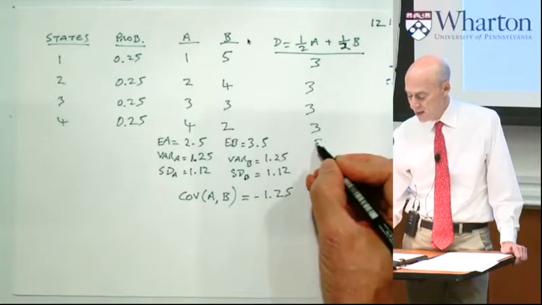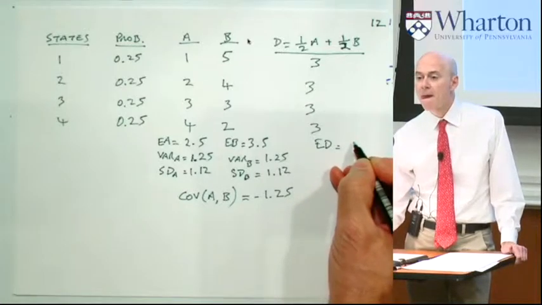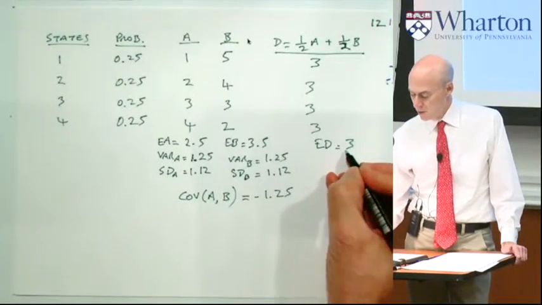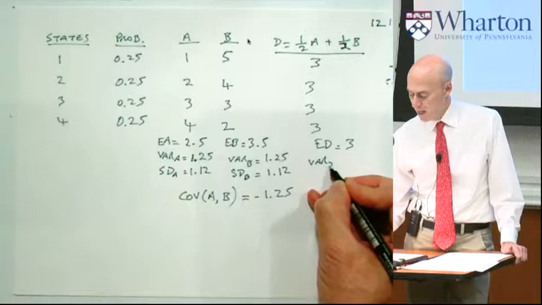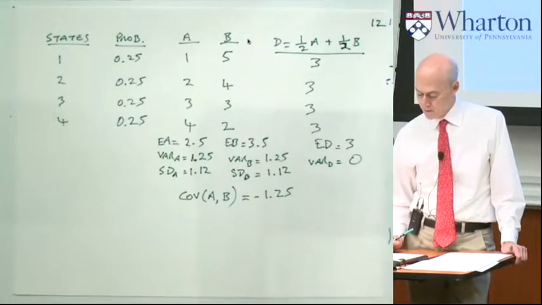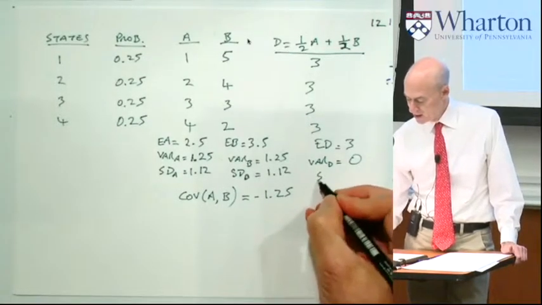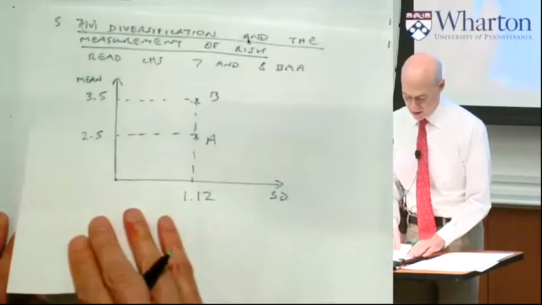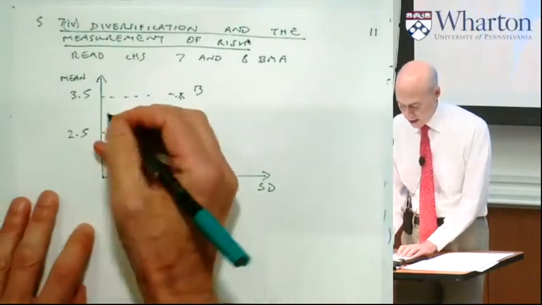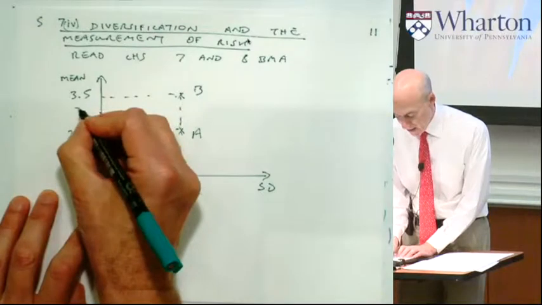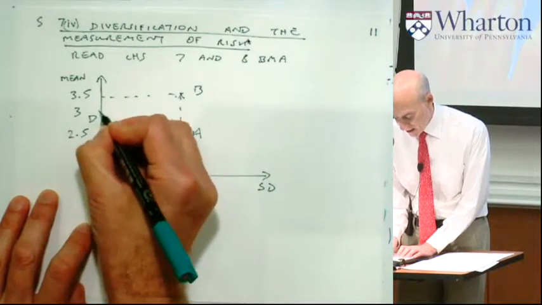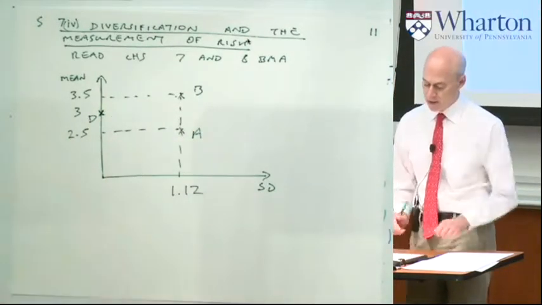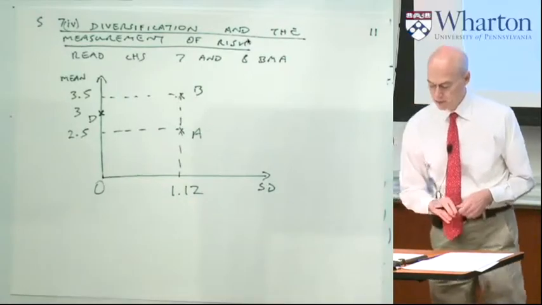So what's the mean? Mean is 3. What's the variance? 0. And so the standard deviation is 0. So if we're on this diagram, we're here at 3. This is D. And we're right on the axis.